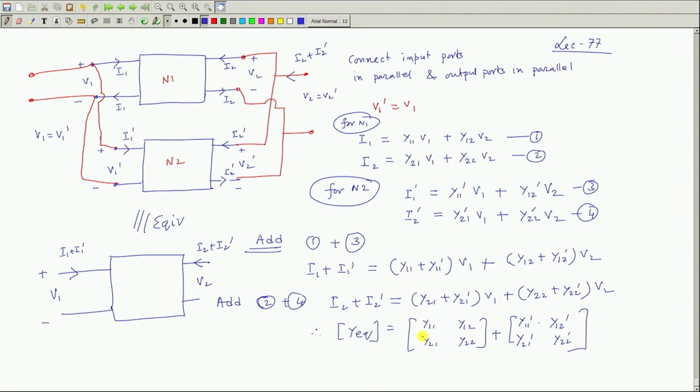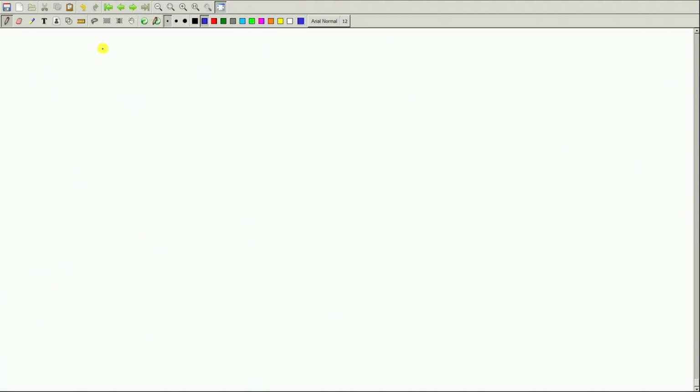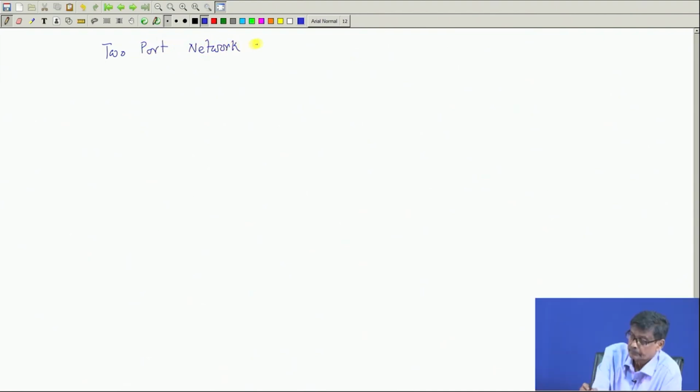Now, there is another interesting connection which is called cascade connection. Two 2-port networks in cascade.